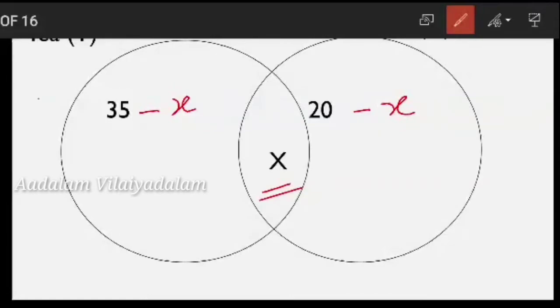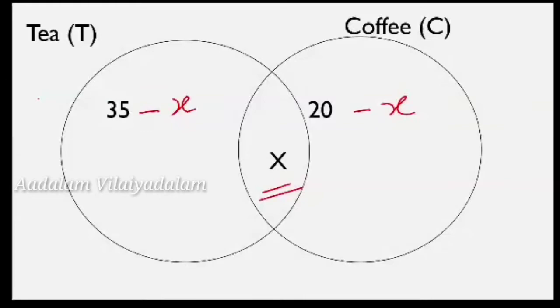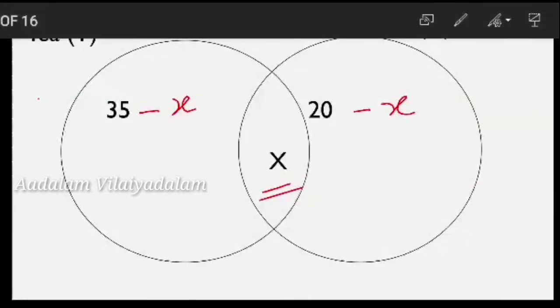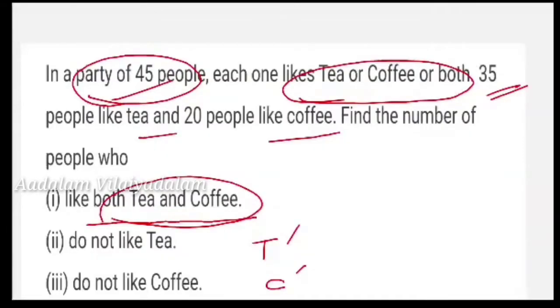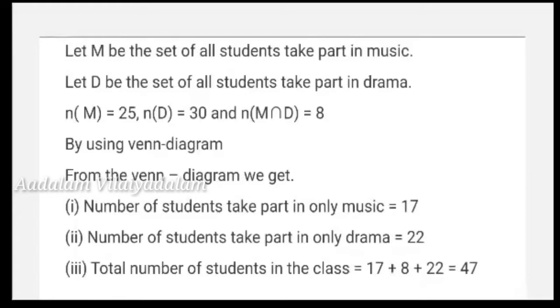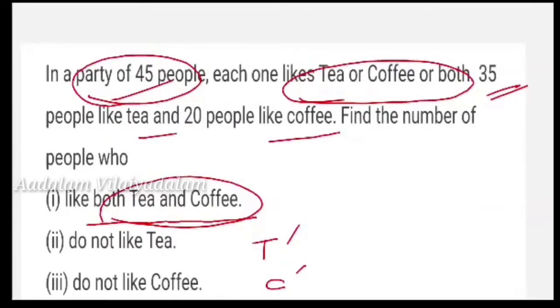They have given one more clue: in a party of 45 people. They have mentioned 45 people, so that is the total number of people.